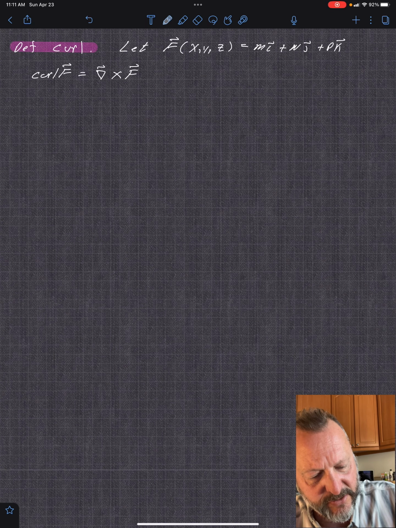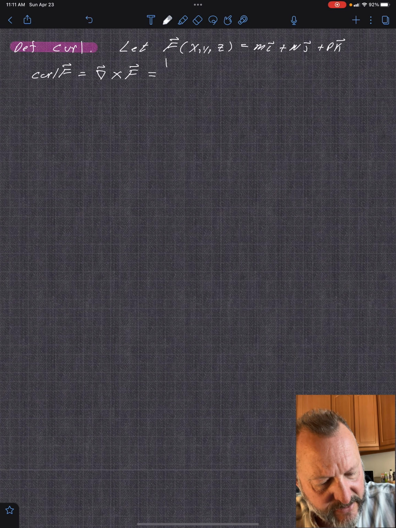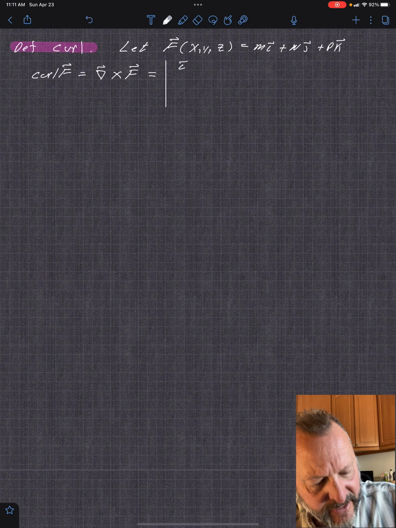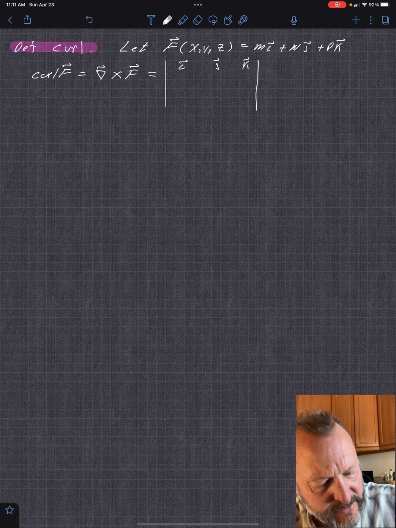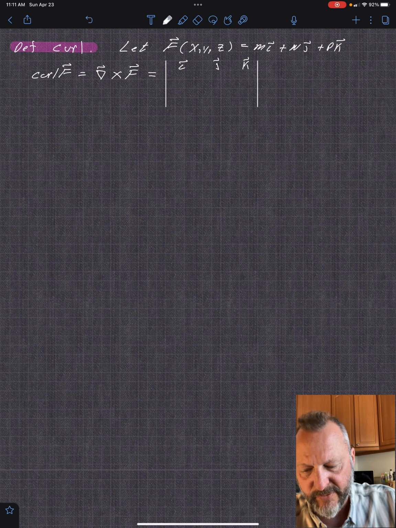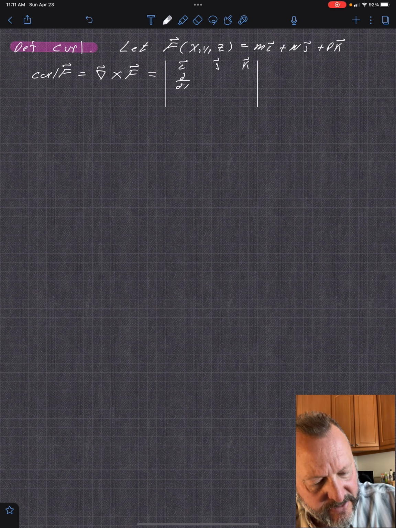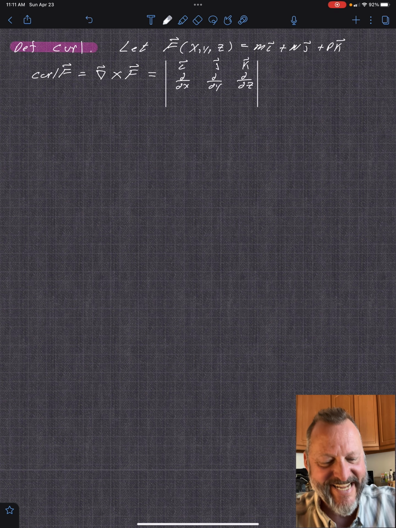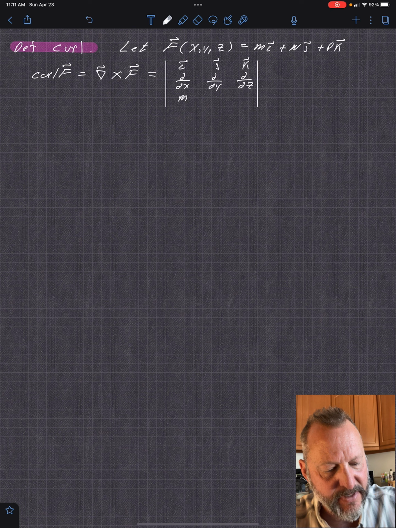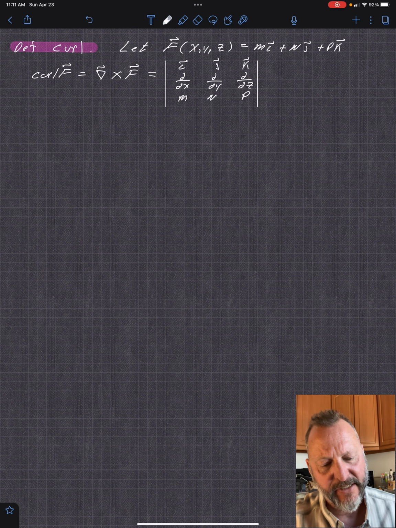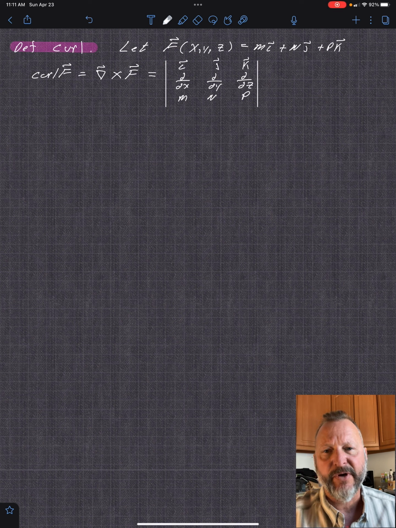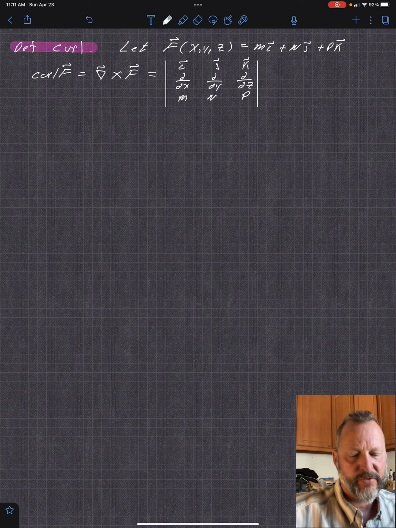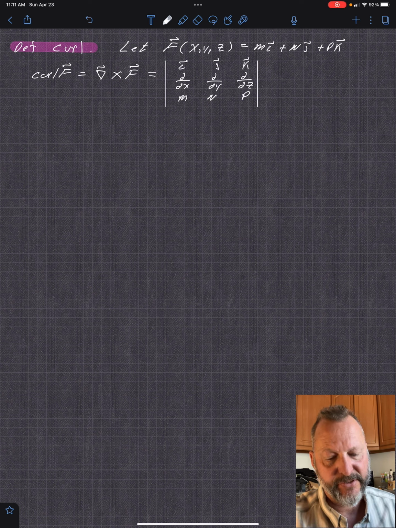That cross product would be the determinant of i, j, k, like this, and then you put in those partials. So it would be partial with respect to x, partial with respect to y, partial with respect to z, of the M, N, and P. So this is M, N, and P. And so that's how you would remember it, although you can write them down, of course, or if it's online, you just look it up.